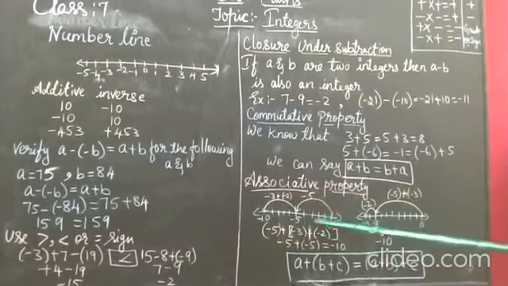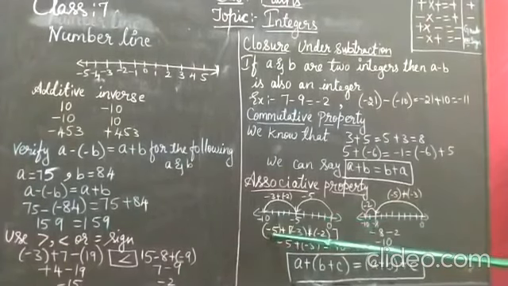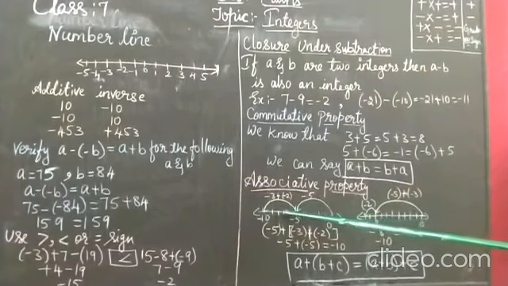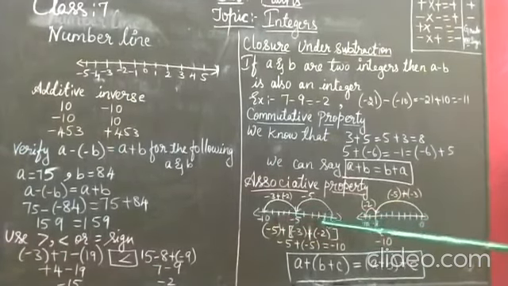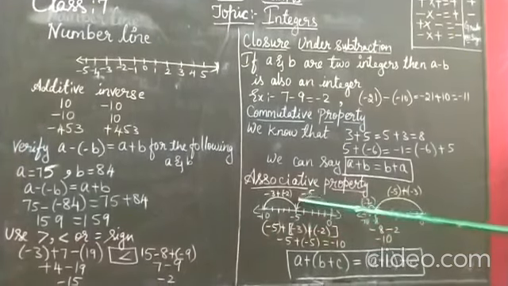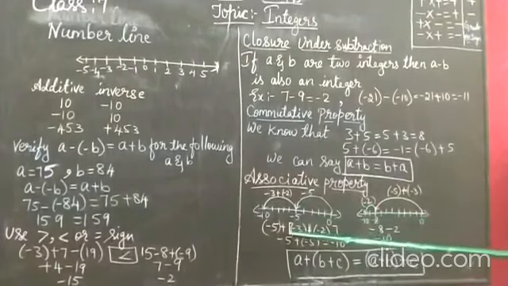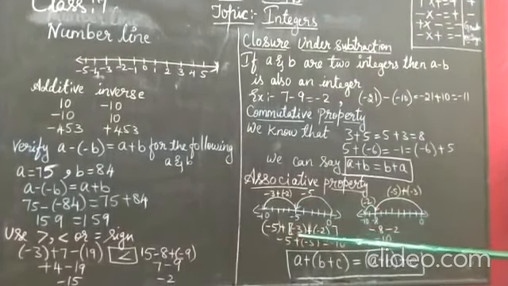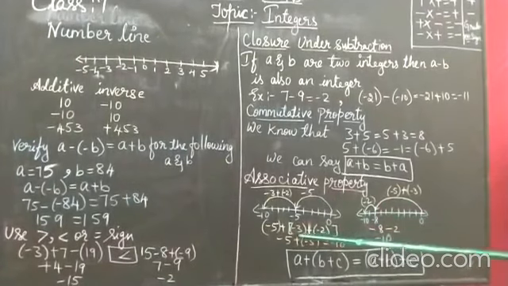From 0, first we have minus 5. Minus means it goes towards the left. Keep that in mind. No need to write all this because you are in 7th now. You know the number line is continuous. So 0 to minus 5. Then comes 3 plus of minus 2, that is nothing but minus 5 again.